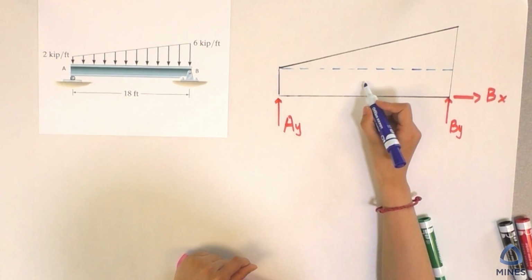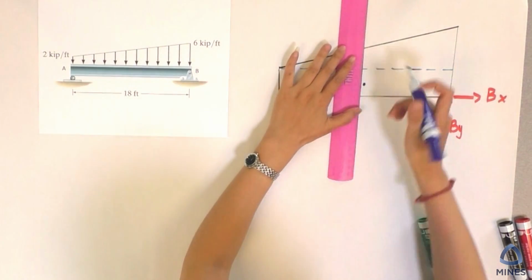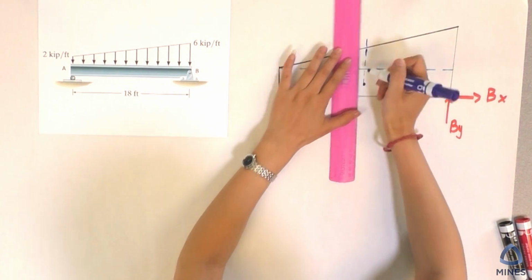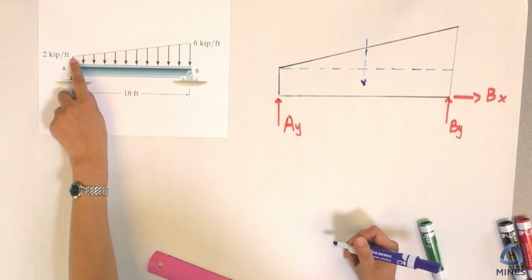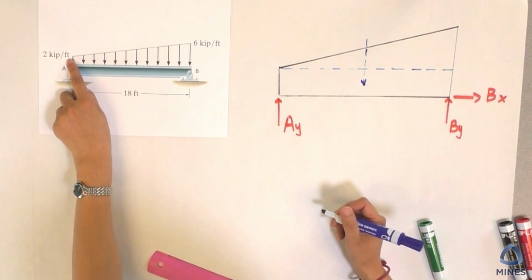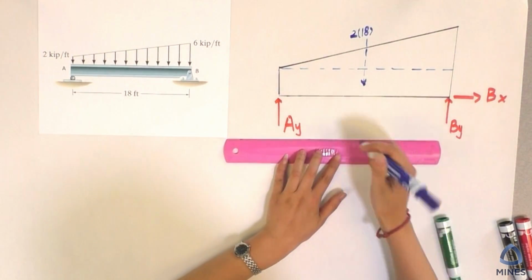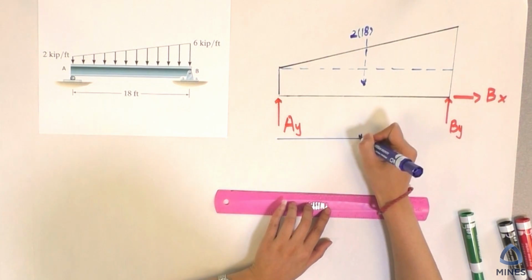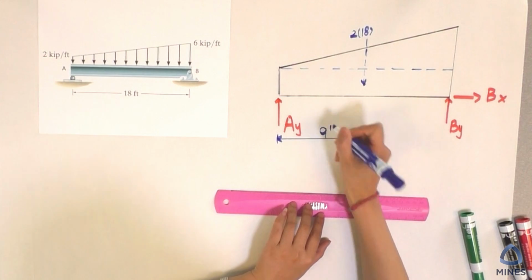For the rectangle, the total load will be acting at the center of the rectangle, and the total load will be the magnitude, which is 2 multiplied by the whole length. And again, it's acting at the center of the rectangle, which means the distance to A will be 9 feet.